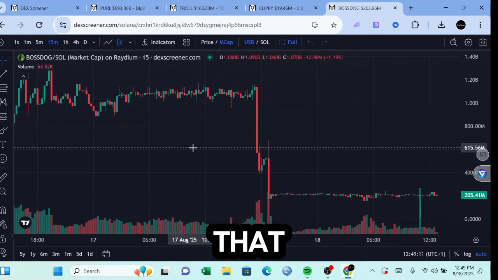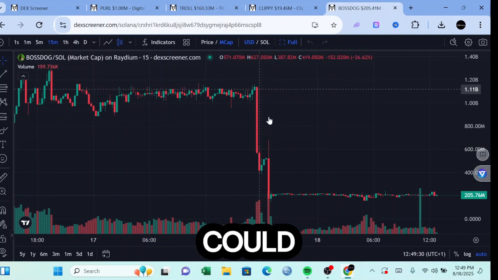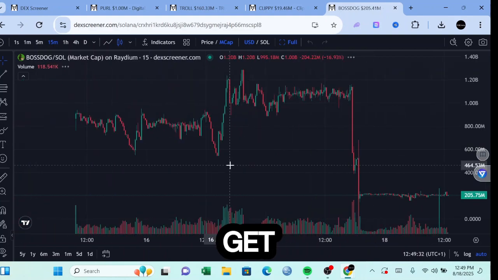This is why we tell you that you should not buy a coin where the top 10 holders hold more than 20%. If one of them sells, this is what you get to see. Probably one of the top 10 holders sold the coin, and this created this massive dump in this particular coin.